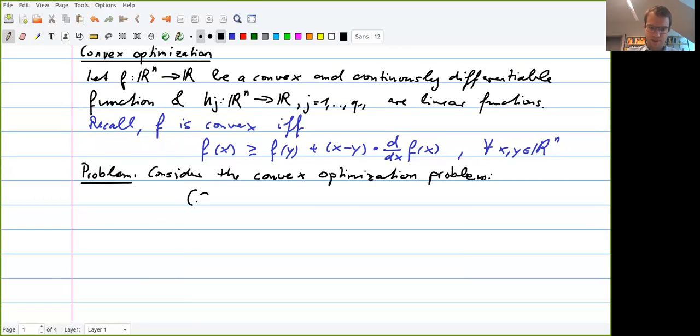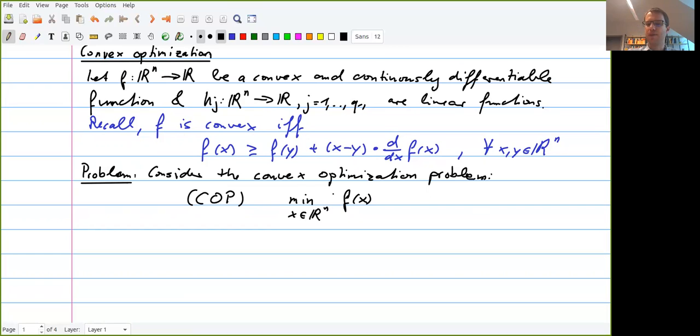For later reference, let us call it COP, so convex optimization problem. And now we want to minimize, x in R^n, the function f(x).